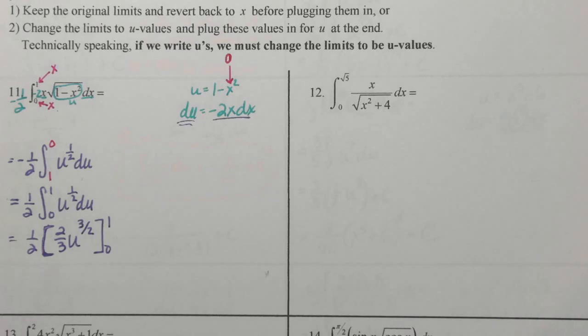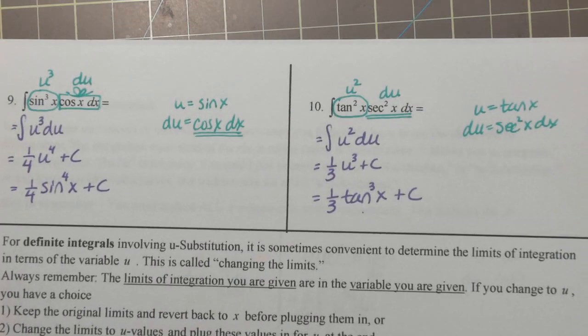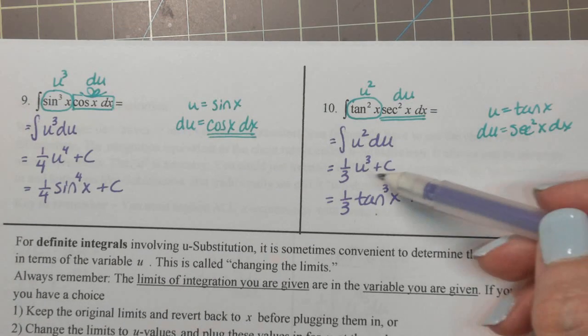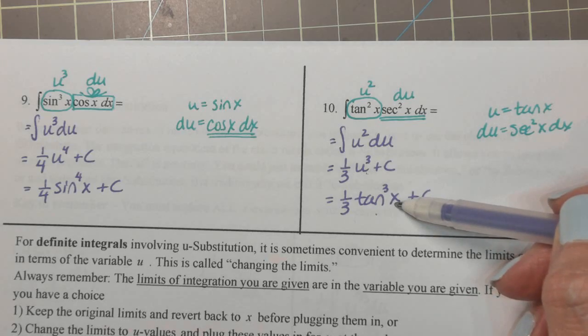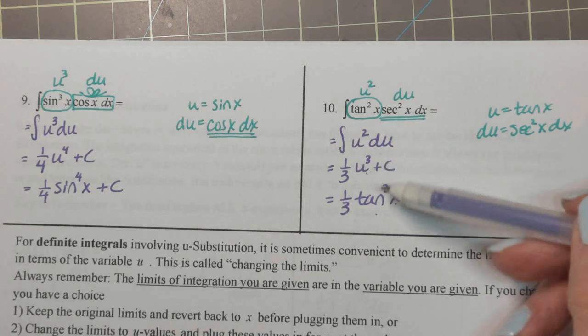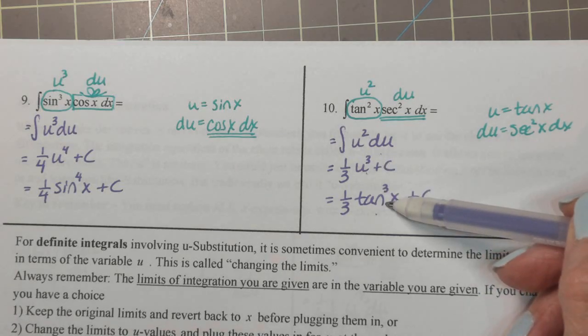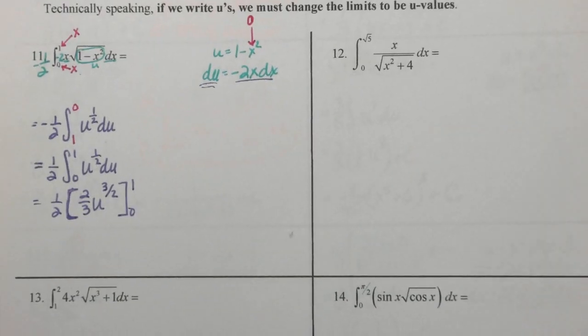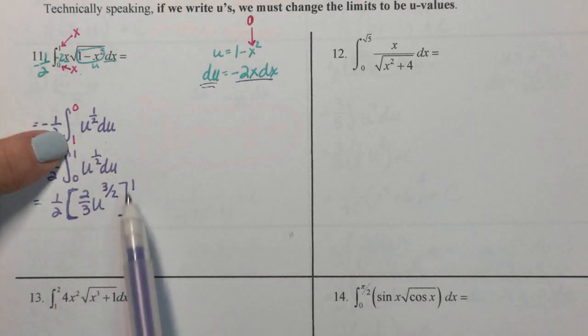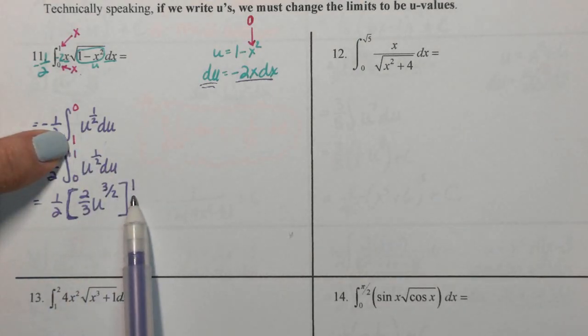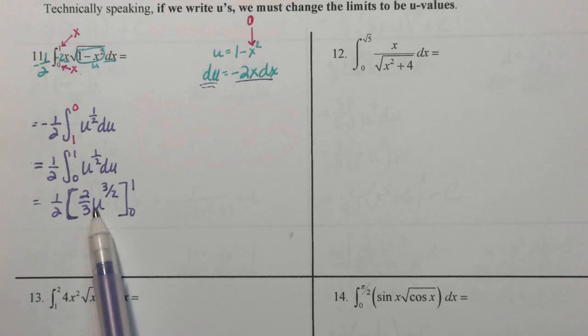Now, in the other problems that we have done, my last step was to go back to x's, because most of these will be multiple choice questions, all right? So that's what they're going to do for the multiple choice question. However, down here with the definite integrals, we changed to u boundaries, didn't we? And we have a u there.